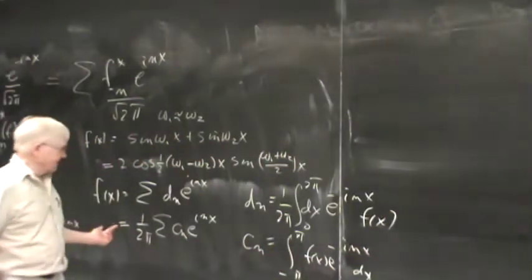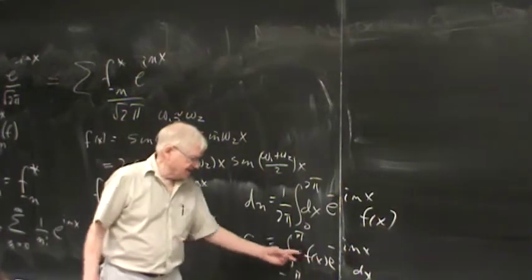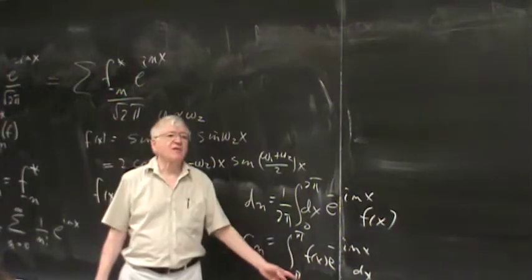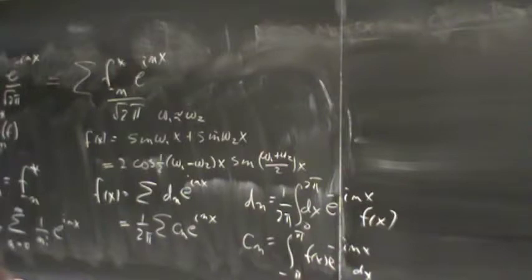So we could do the series with the 1 over 2 pi there, and then the c n's don't have a square root of 2 pi. And here I took a 2 pi integral from minus pi to pi. Okay.